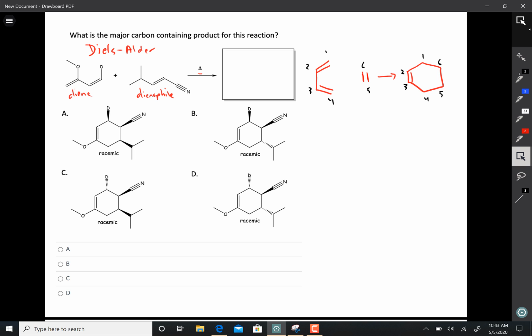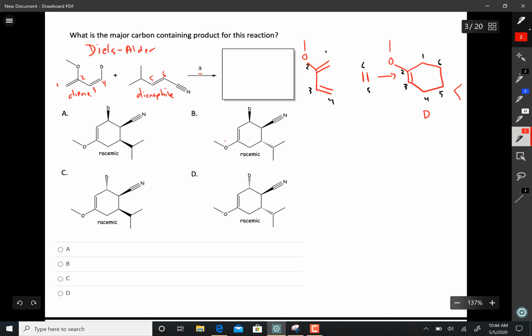So in this case, what we'll do is go ahead and number 1, 2, 3, 4, 5, 6. 2 has an OMe group off of it, so put an OMe group off of 2. 4 has a deuterium off of it, so put a deuterium off of 4. 5 has an isopropyl group off of it, so I'm going to put an isopropyl group off of 5. 6 has a nitrile off of it.